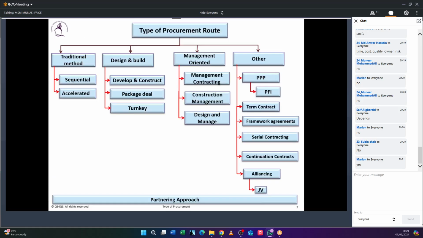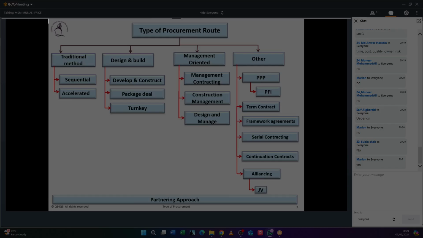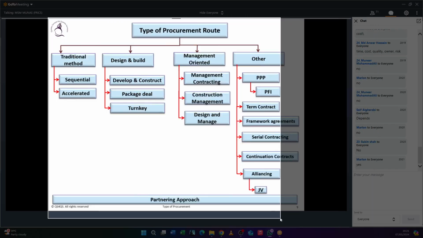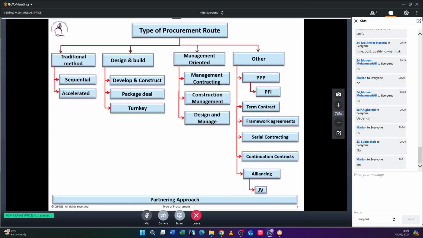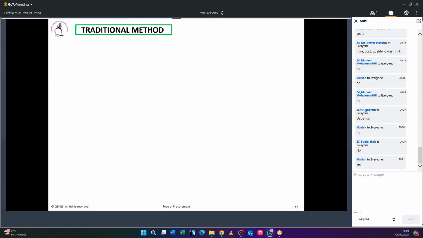Okay, good. So this is the mind map of all the procurement routes that we are going to study. At the end, we will see this slide again and discuss it briefly. We'll go from the traditional, then we'll study design and build, then management and other types of procurement routes. Okay, so the traditional method.